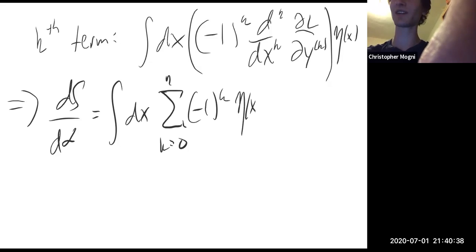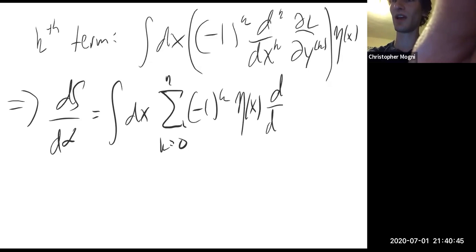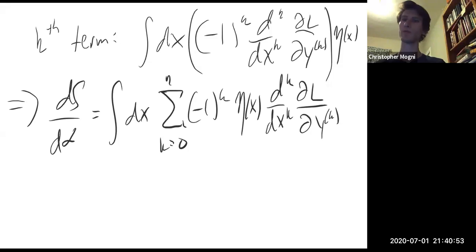There'll be eta(x), which depends on x only and no k, times (-1)^k d^k/dx^k of partial L, partial y_k. Cool. And so again, now we're back to just what we have in the Euler-Lagrange equations, the same argument. Eta is in front of every term here, right?